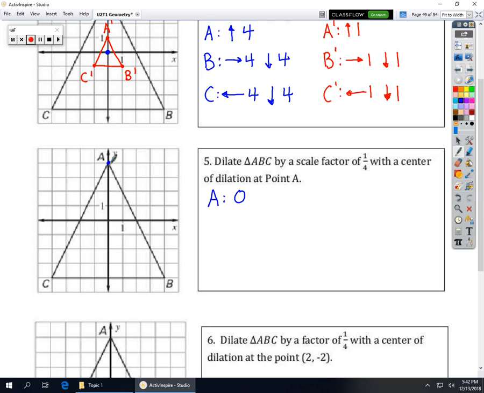How would I get from the center to B? I need to go right 4 and down 1, 2, 3, 4, 5, 6, 7, 8. For B, I go right 4 and down 8. For C, I need to go left 4 and down 8.